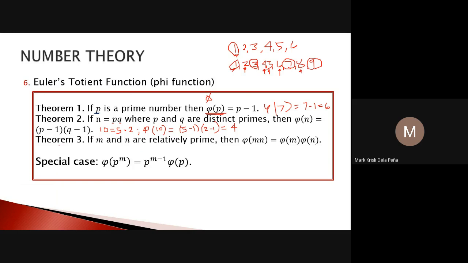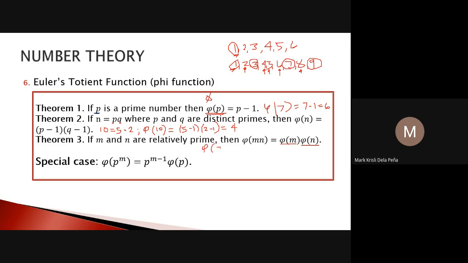Okay, that's theorem 2. If m and n are relatively prime numbers, though they are composite numbers, then the phi function of m times n is just equal to the phi function of m times the phi function of n. Say, for example, 20 and 9. So that's 180, right?